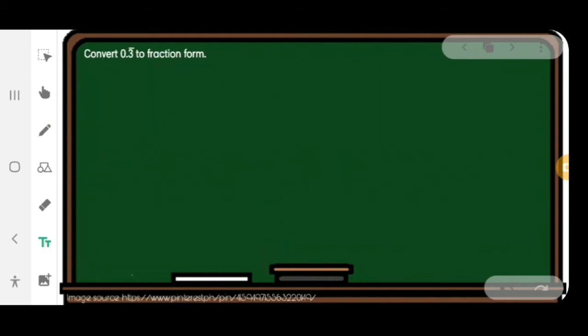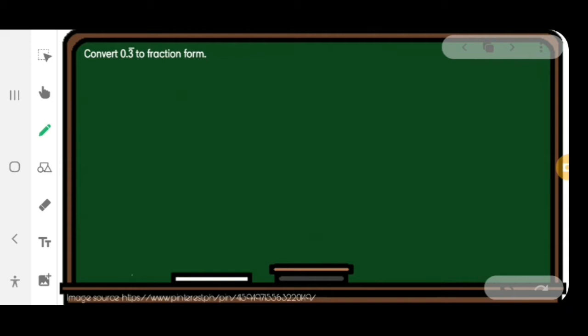Okay, so the next example is to convert 0.3 repeating to fraction form. Now, can you see the bar above the digit 3? It means the digit 3 is repeated infinitely.